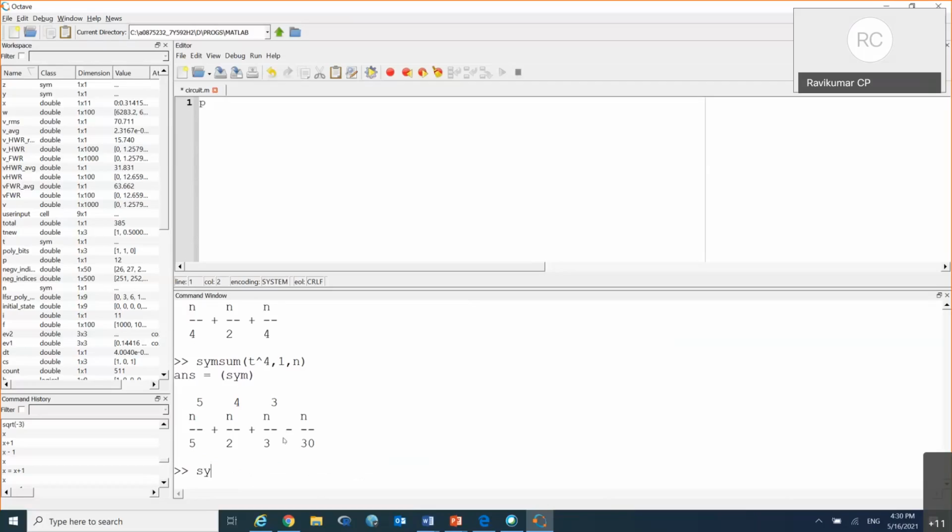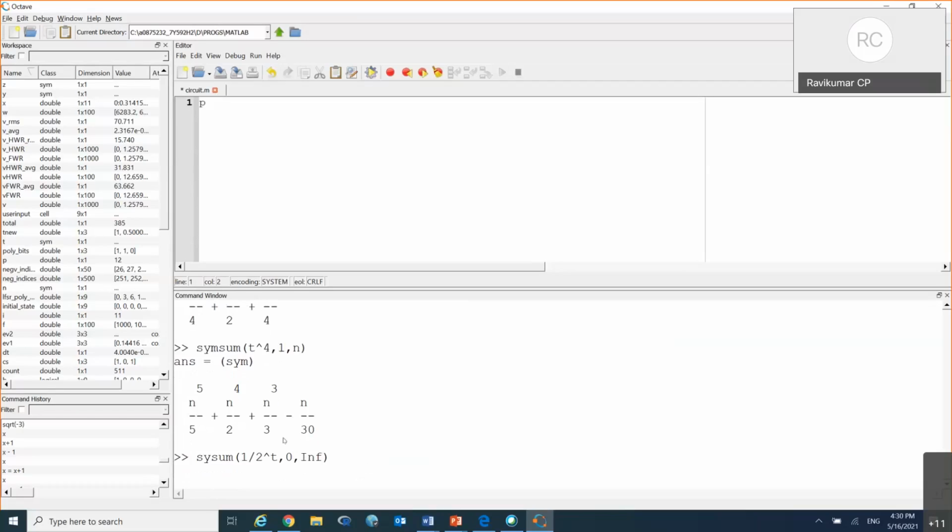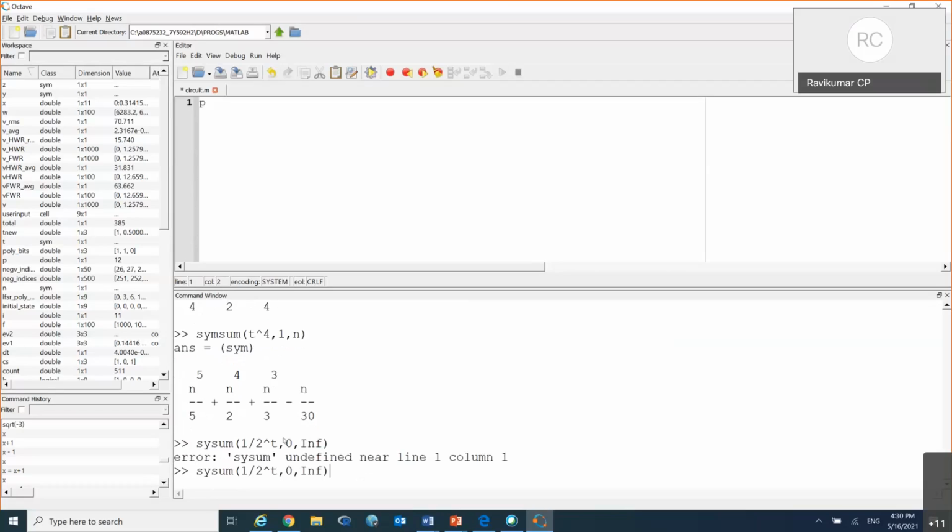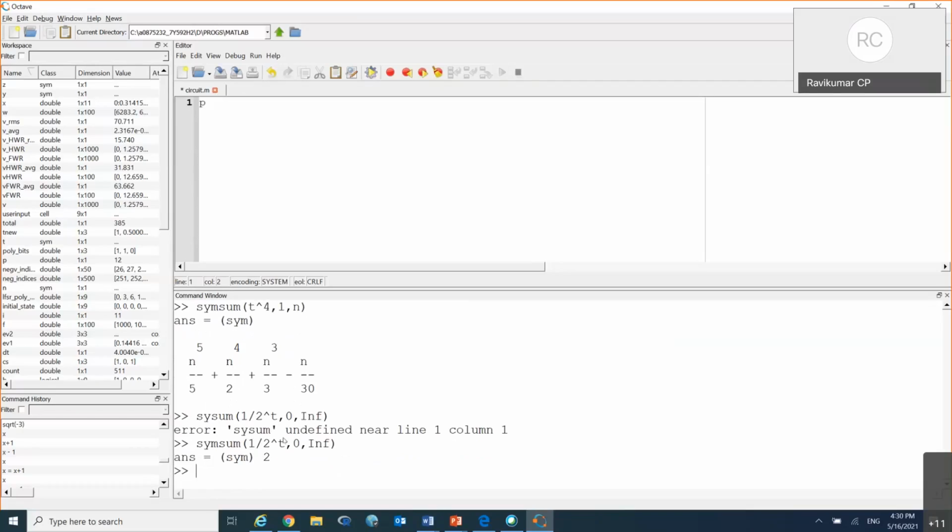I can say symsum 1 by 2 to the power t, where t goes from 0 to infinity. I think infinity is written as inf.